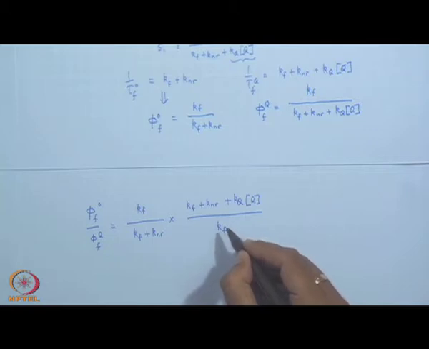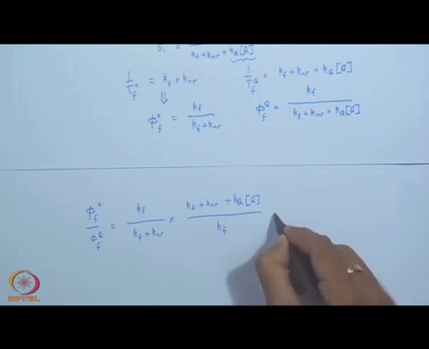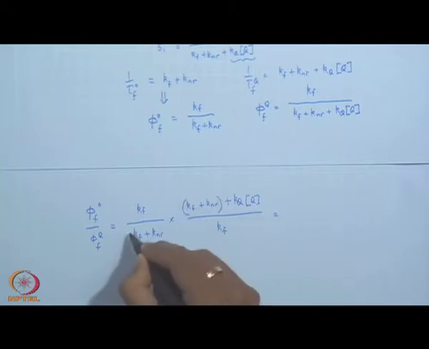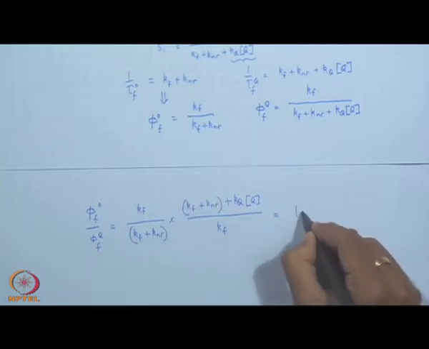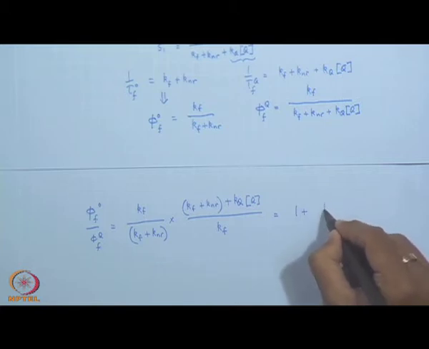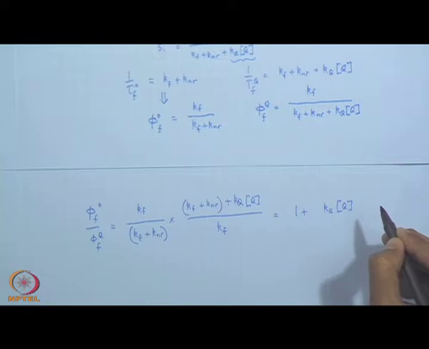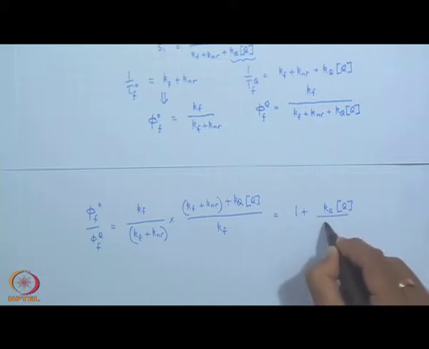Okay. So, that means k f is gone. So, basically you have 1 plus k q into Q divided by k f plus k n r.